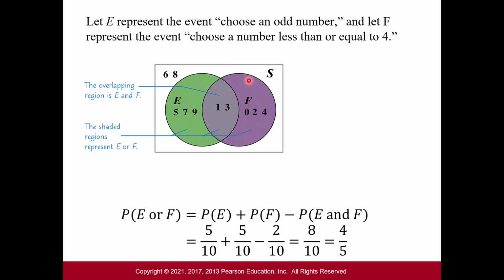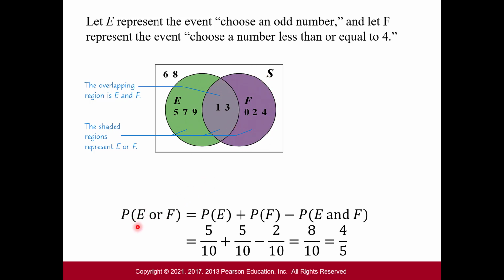And then our numbers less than or equal to 4 is in our purple circle here for F. And it could be 0, 1, 2, 3, or 4. And so we do have an overlap of the 2 events, so they are not mutually exclusive. The overlapping region, we call it E and F. So the and part is what makes it the overlap. And then together, E or F is basically all of the two circles.